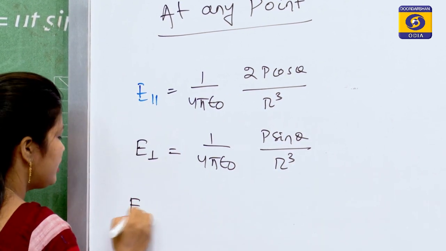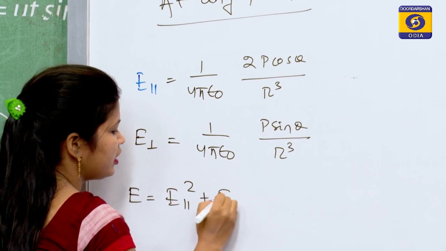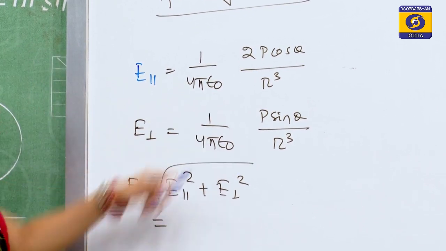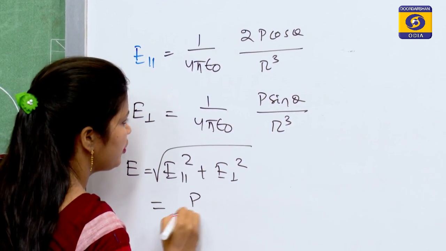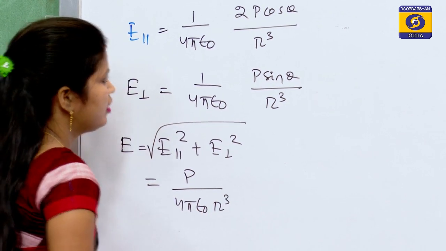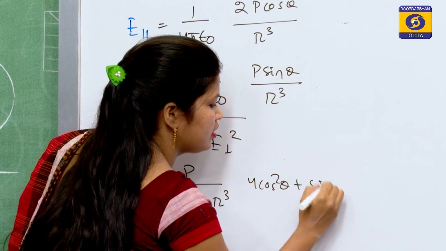So, the resultant electric field is equal to the square root of E parallel square plus E perpendicular square. On solving we get p upon 4 pi epsilon naught r cube, root over 4 cos square theta plus sin square theta.